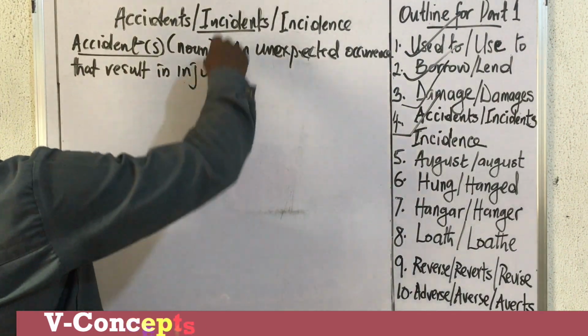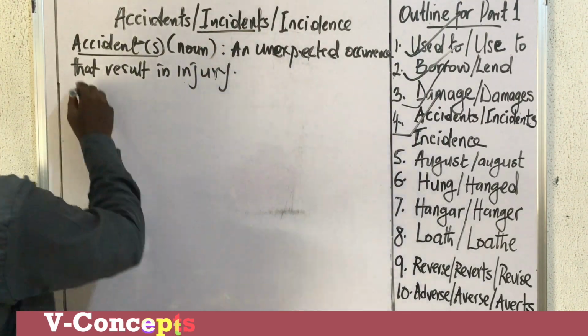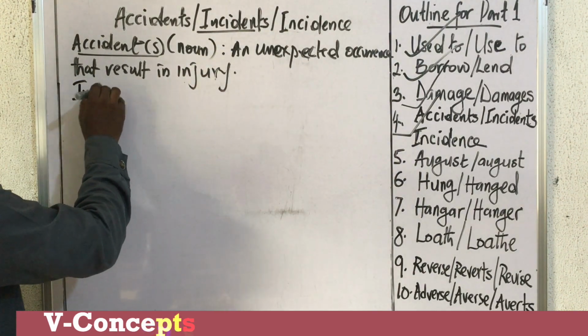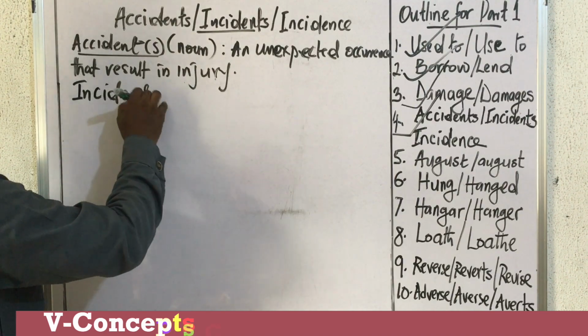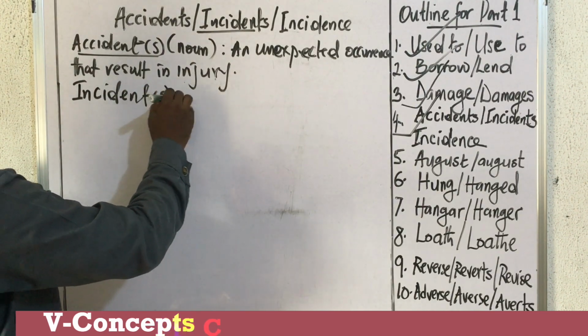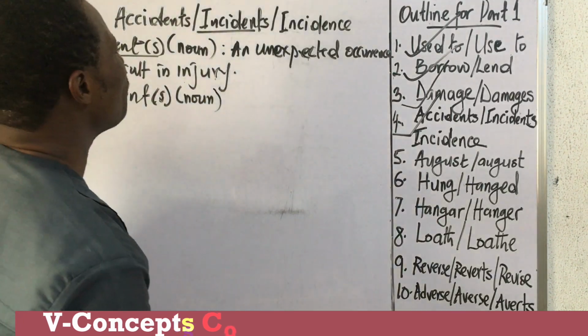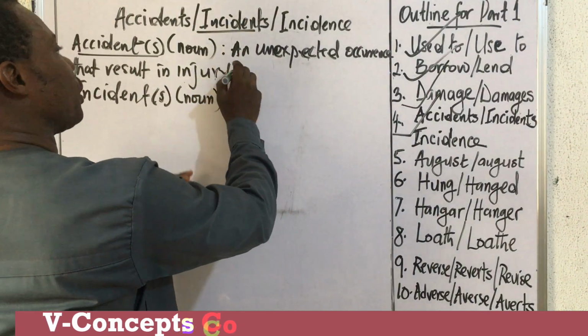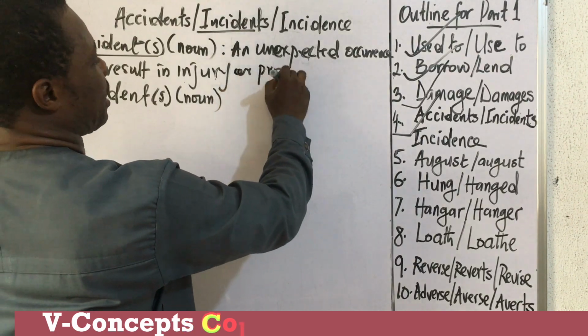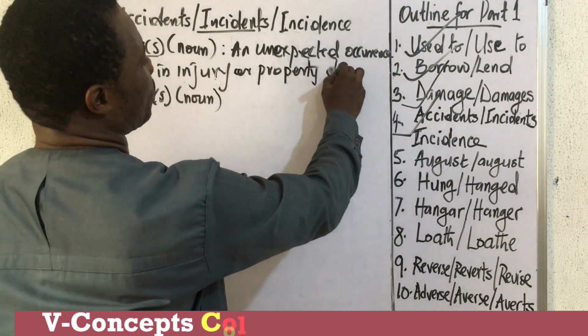Then what about incident? Incident is also a noun, and it can be made plural, so you can have comma, bracket and close S. Accident, we said, results in injury or property damage. Please let's add that to this. Property what? Damage.